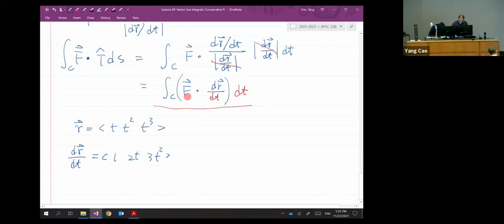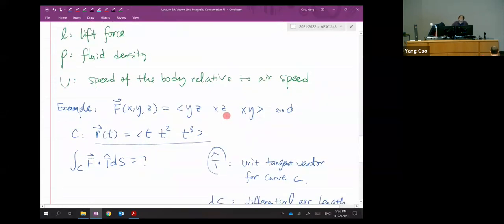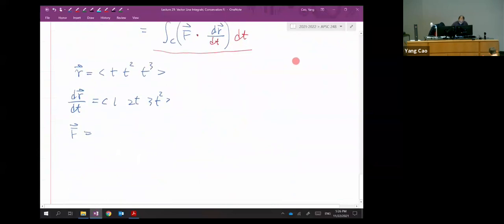So then f is a vector. Now let's go back to the f: yz, xz, xy. So let's rewrite it over here. First of all, you're not going to mix x, y, z together with t in one single integral, because then you can't do anything with this mixture.